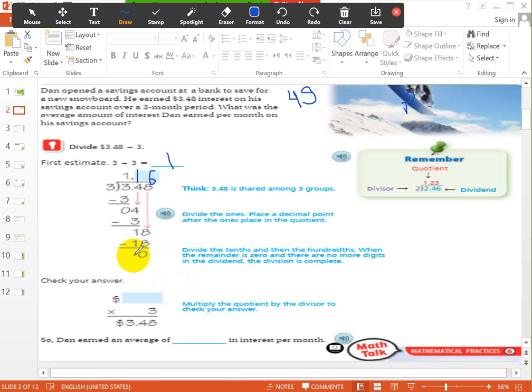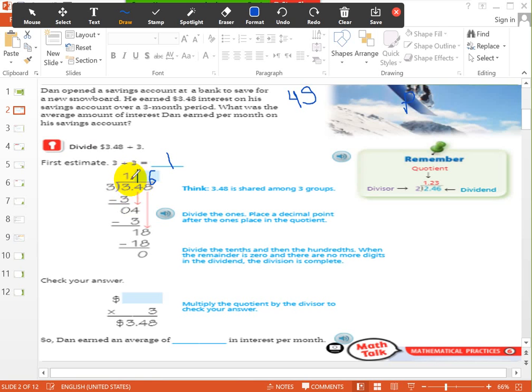Okay, the division in decimal numbers. The same strategy as in whole numbers. But the difference right here is the decimal point.